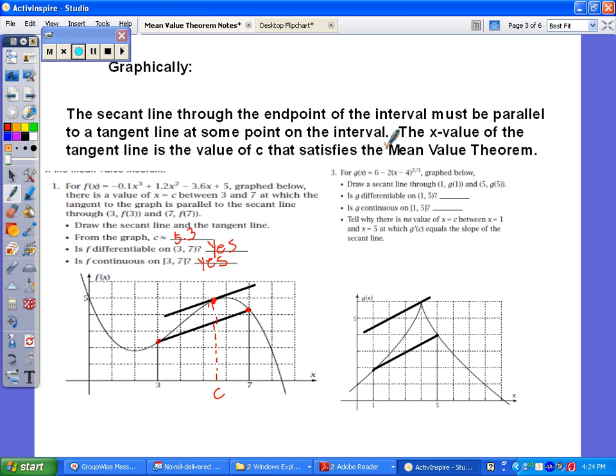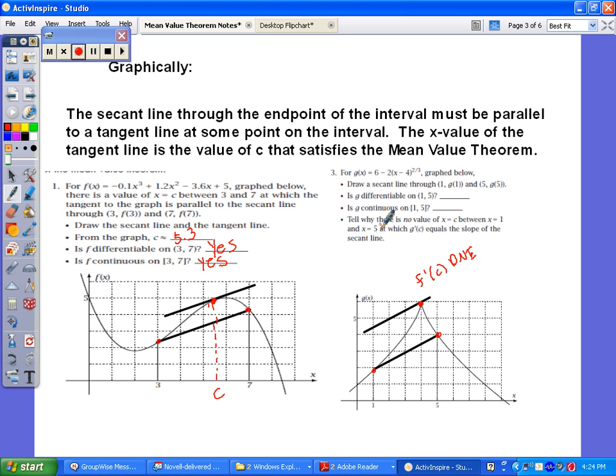However, what happens if those two conditions are not met? If we look at example 3 from this, and we draw the secant line from 1 to 5, we get this line. And if I try to find a tangent line that's parallel, I found that the point should be at this point. But there's a problem with this point, because at this c value, f prime of c does not exist because there is a cusp, which means the derivative does not exist.